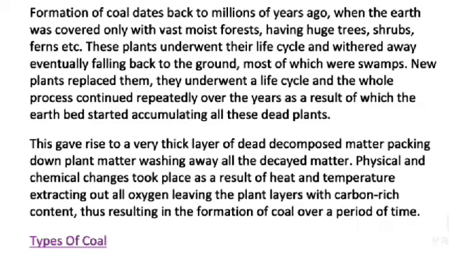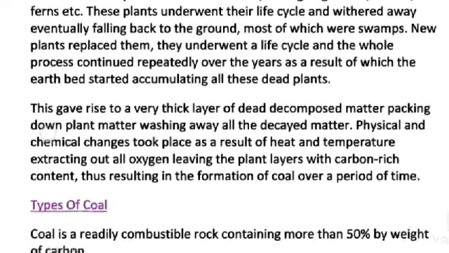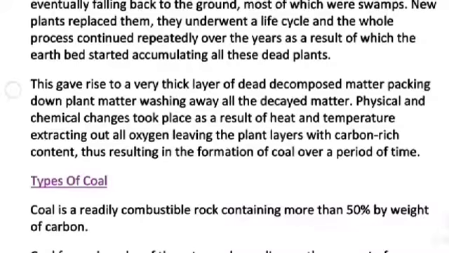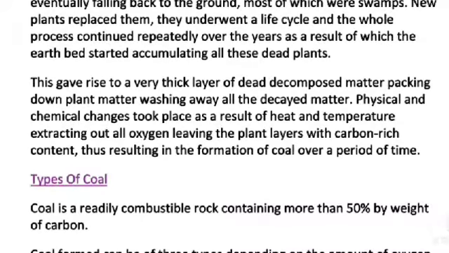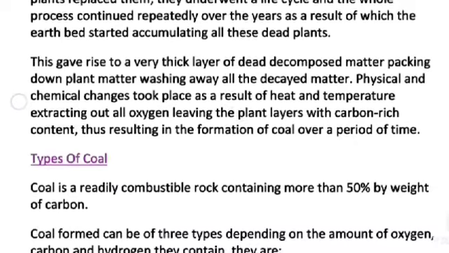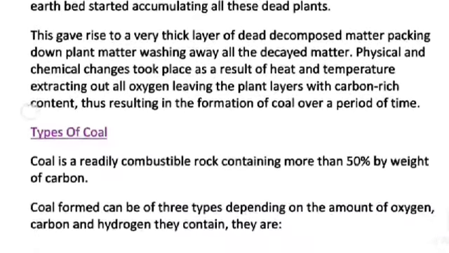New plants replaced them. They underwent their life cycle and the whole process continued repeatedly over the years, as a result of which the earth beds started accumulating all these dead plants.